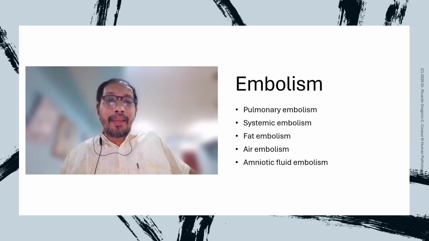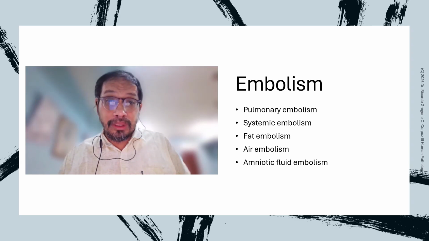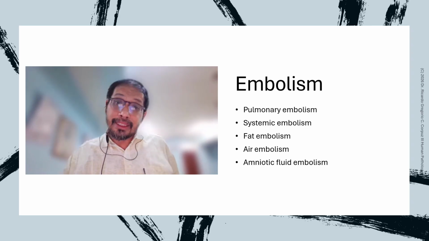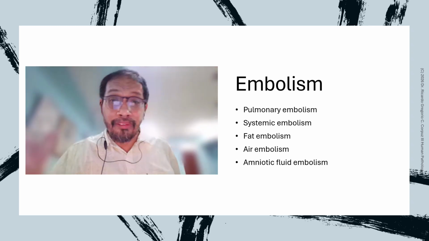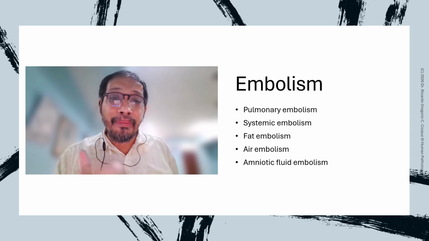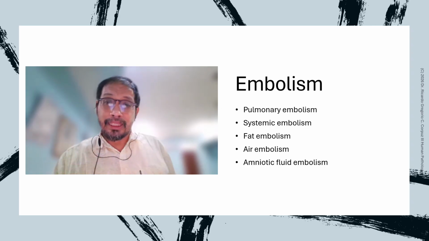Linking embolic type to clinical consequences, understanding the source and composition of an embolus helps predict its behavior and clinical effects. So the thromboemboli obstruct vessels and cause infarction. Fat and air emboli trigger mechanical obstruction plus inflammatory responses.